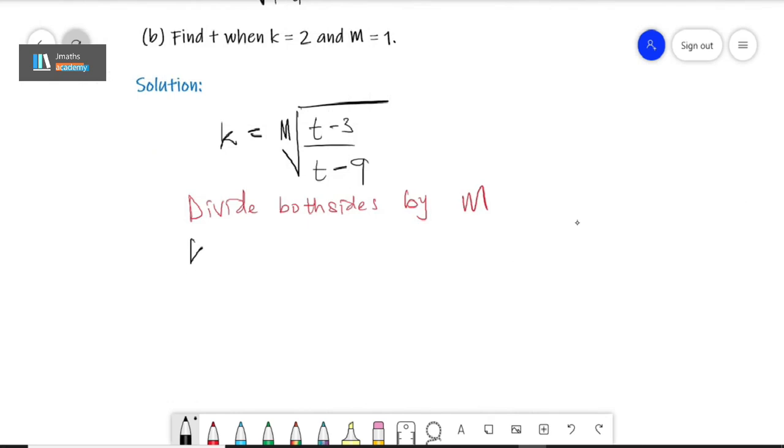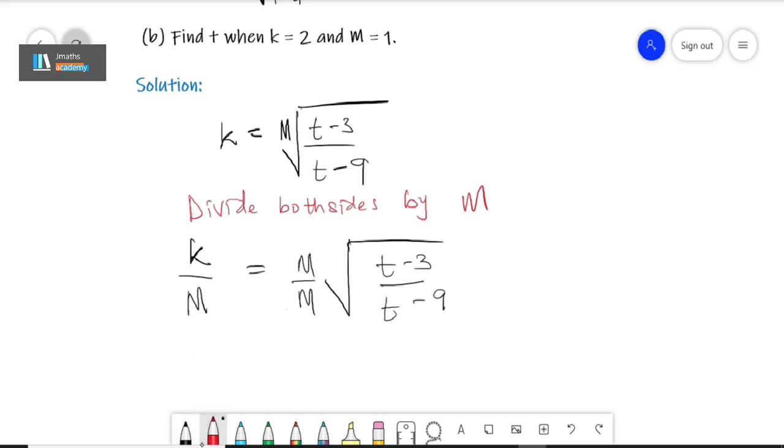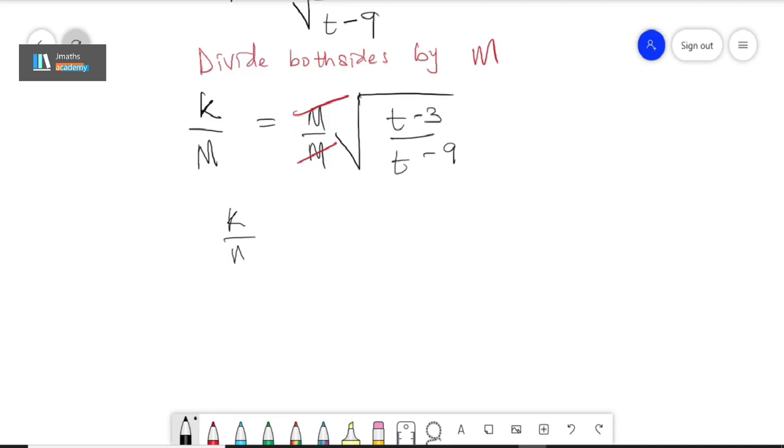We thus have k over m is equal to m over m, the square root of t minus 3 over t minus 9. So we know that m will cancel m here, and we are left with k over m is equal to the square root of t minus 3 over t minus 9.